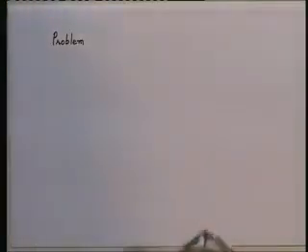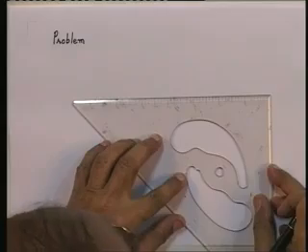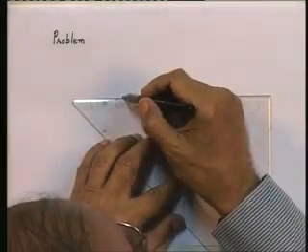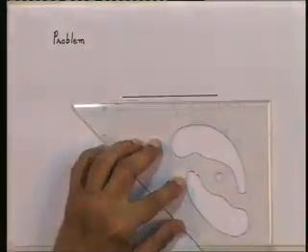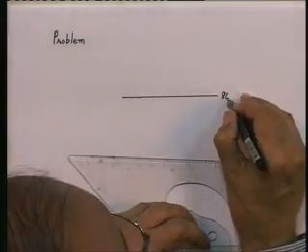Now let us do a simple problem again, just to illustrate ideas. Let us say I have a surface at a temperature of 800 Kelvin.